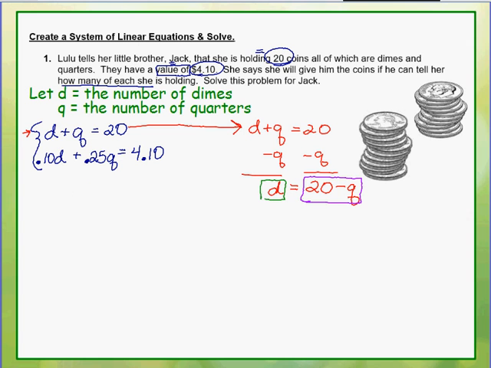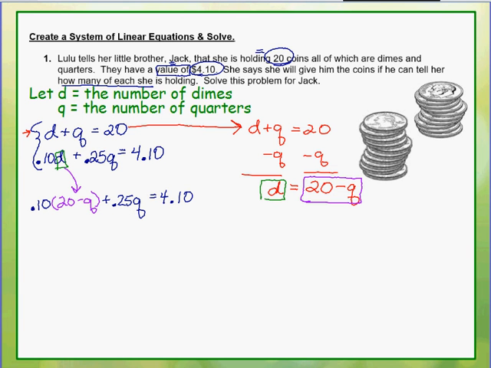So if I go back to my other equation here, my D would be the square, and it can be replaced with my 20 minus Q expression. So if I'm supposed to multiply by 10 cents for the number of dimes, my expression, which was replaced, and then 25 cents with the number of quarters, it's now equal to the value of $4.10.